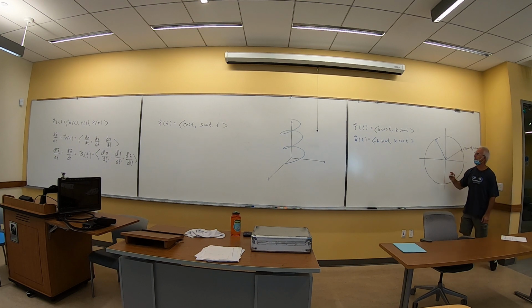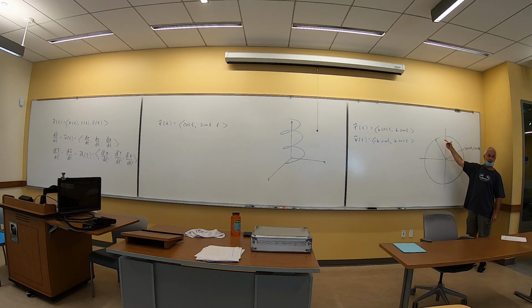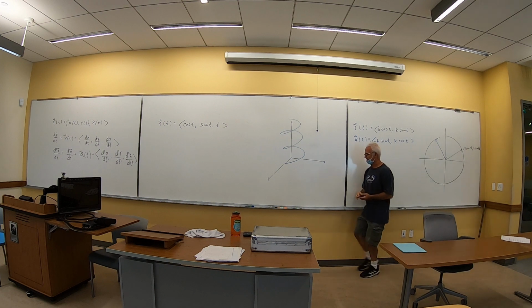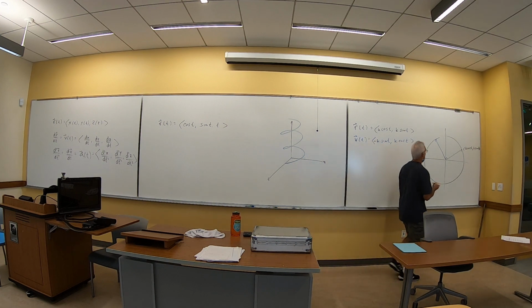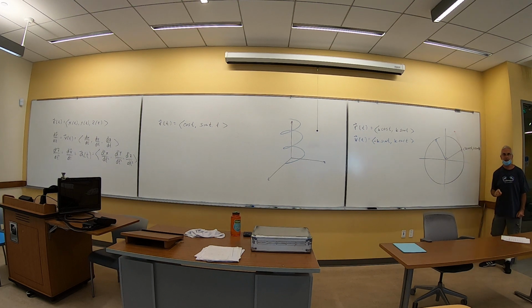How do I know that? Because if I do the dot product between these two, I'm going to get 0, aren't I? For, let's say t is a first quadrant angle right now. If t is an angle in the first quadrant, then this vector is clearly in the first quadrant. Oh, but because of that negative, now this vector is clearly in the second quadrant. That's why I know it looks like this. Another way of thinking about it is if I attach that vector here, it looks like this, doesn't it?